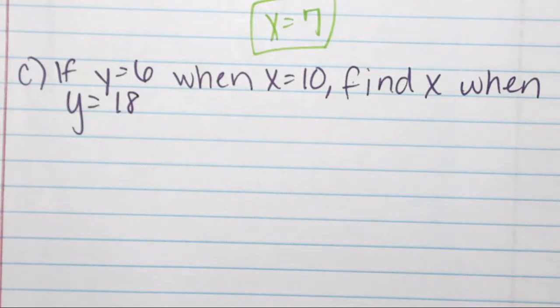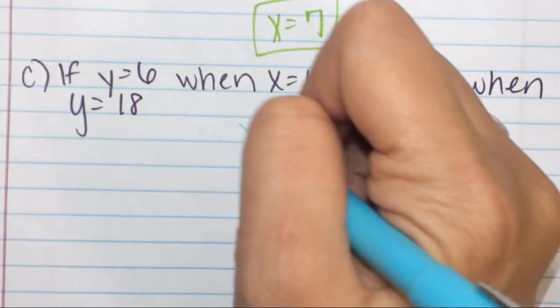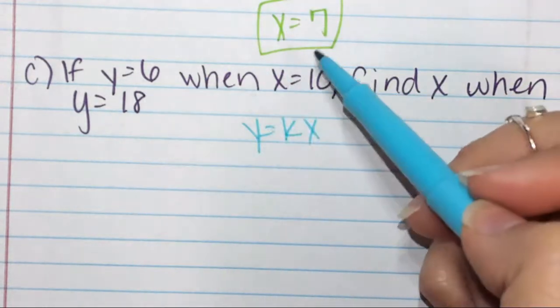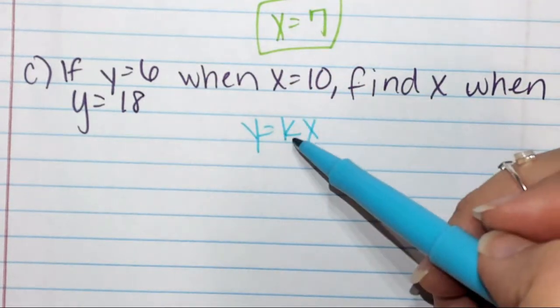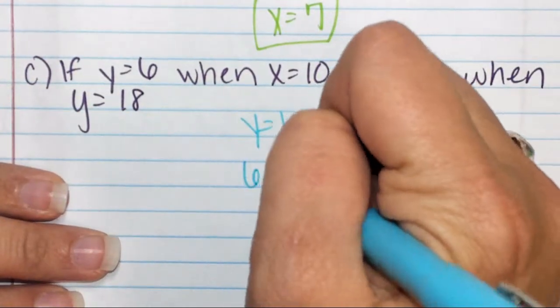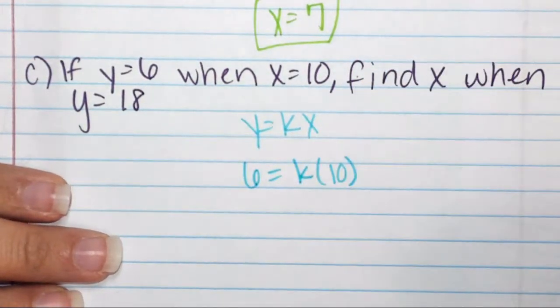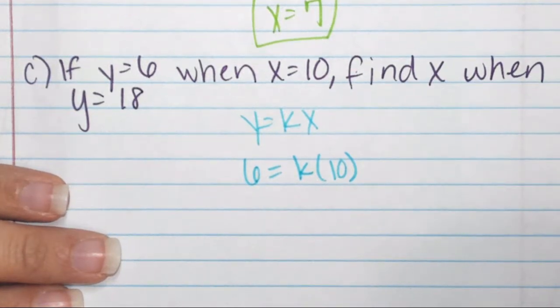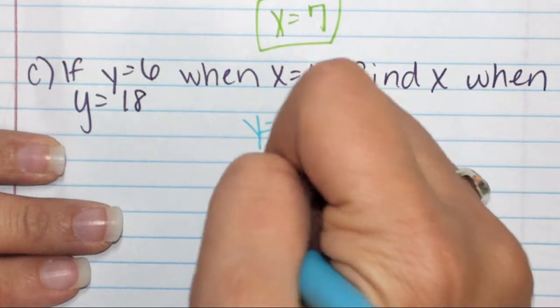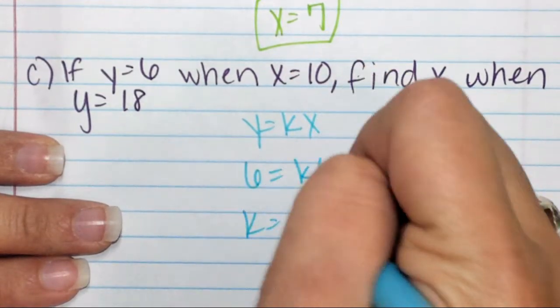We can do it together. Alright, so all you do to start with, plug it into your y equals kx equation. Now it says if y equals 6 when x equals 10, we don't know what k is, do we? Okay, so let's plug it in and get k. 6 equals k times 10. Alright, so then I divide both sides by 10, and k equals 6/10, which reduces to?